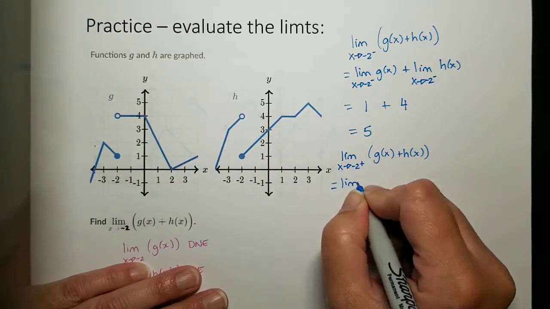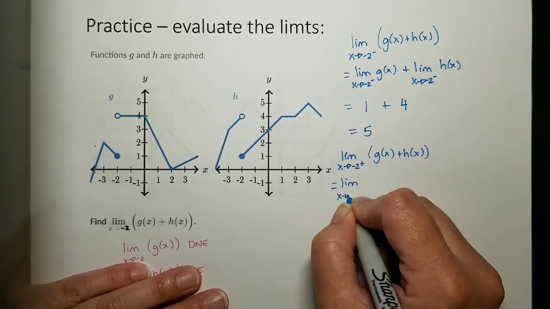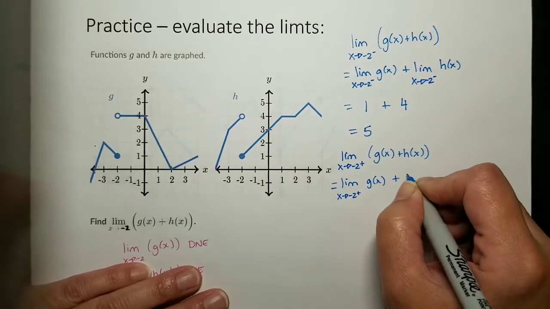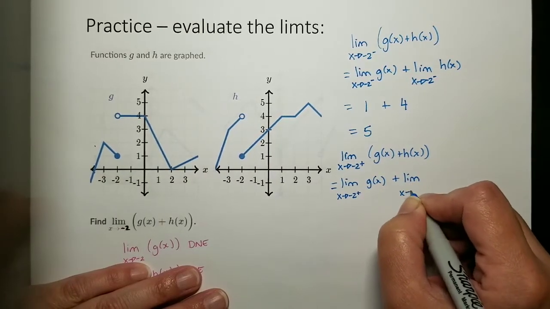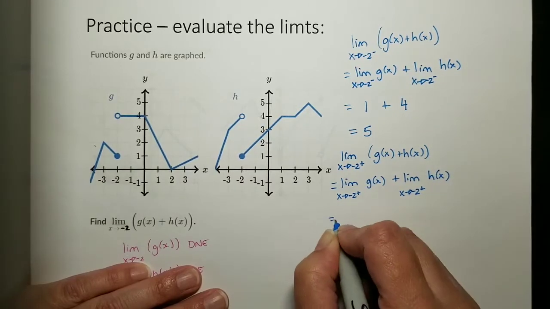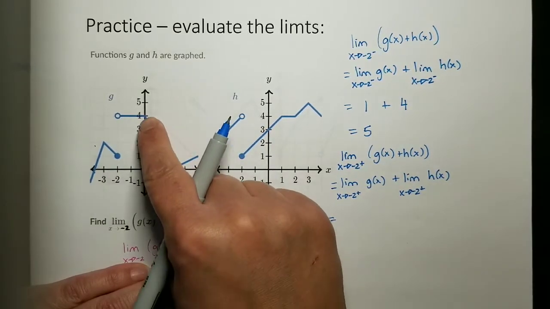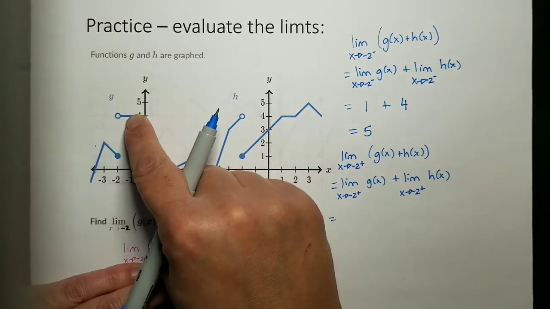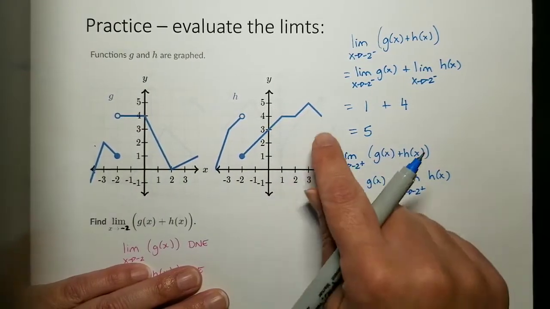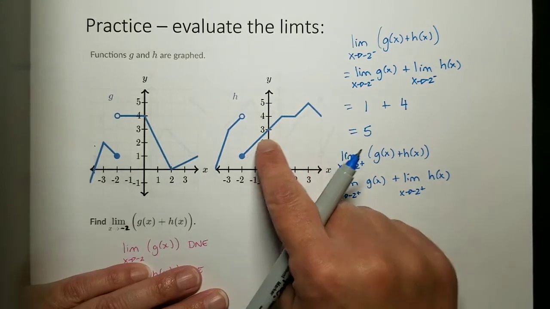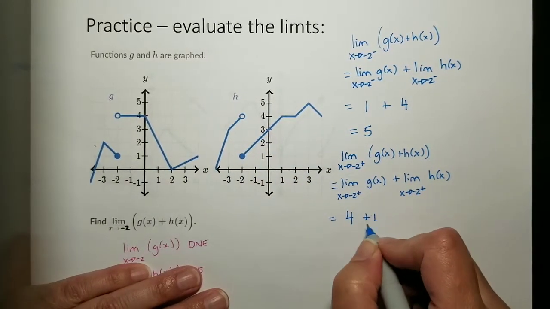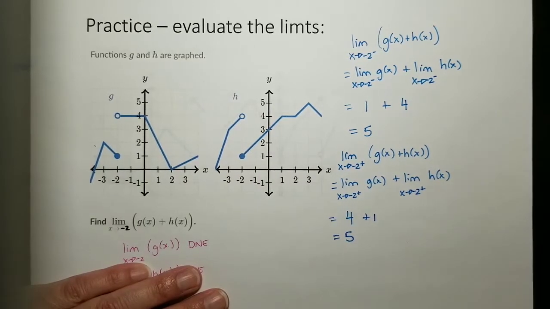We'd have the limit as x approaches negative 2 from the right of g at x plus the limit as x approaches negative 2 from the right of h at x. Now g at x, if we're approaching negative 2 from the right-hand side, from the positive value, we get an answer of 4. And on h at x, if we're approaching from the right, from positive or bigger numbers, we get a value of 1. But that's also equal to 5.